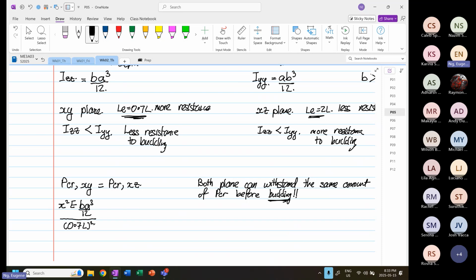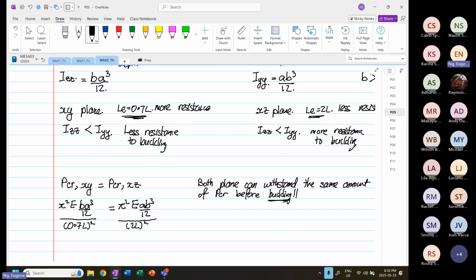That is one side. On the other side, this is equal to pi squared E, and then we have AB cubed over 12, and over here we have 2L squared.